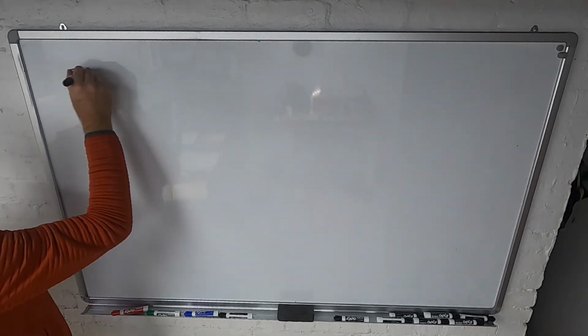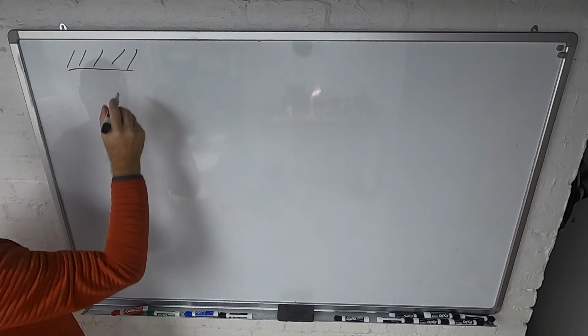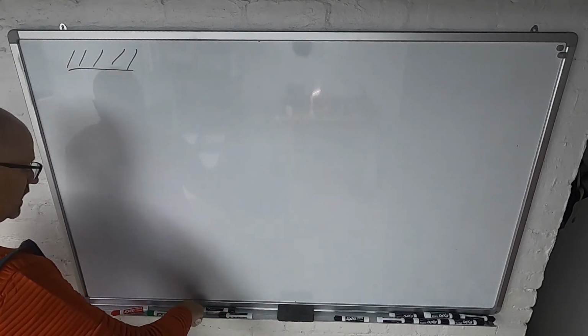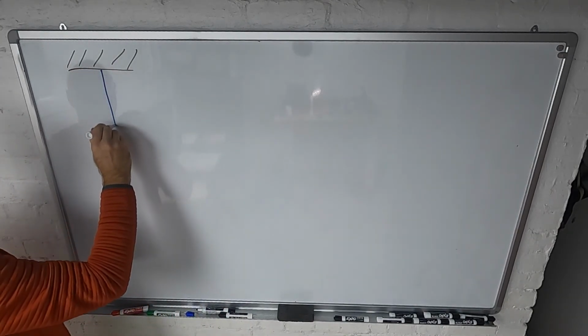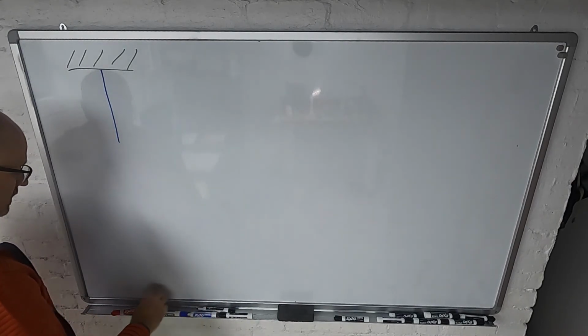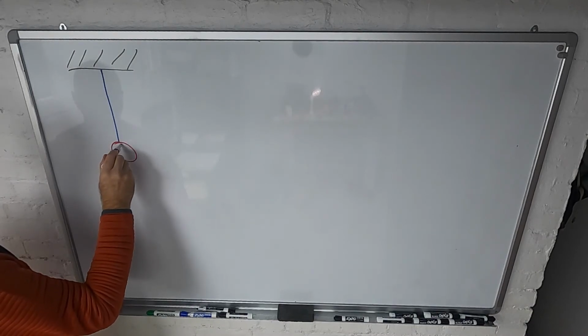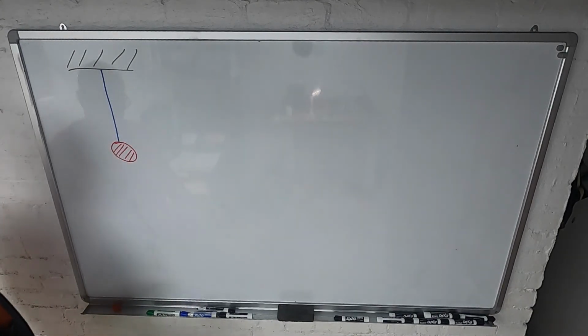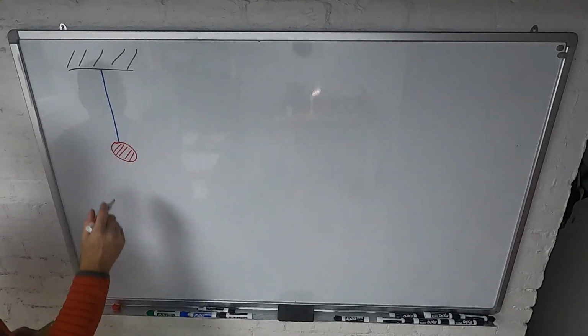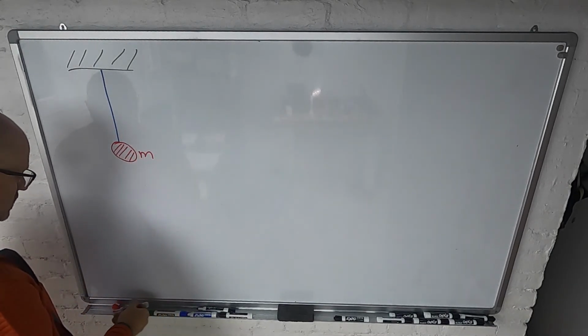Now, if I take a solid wire, much like we did in class, and hang it from a ceiling and apply a mass to it, it's going to sit in equilibrium. So here's my mass.